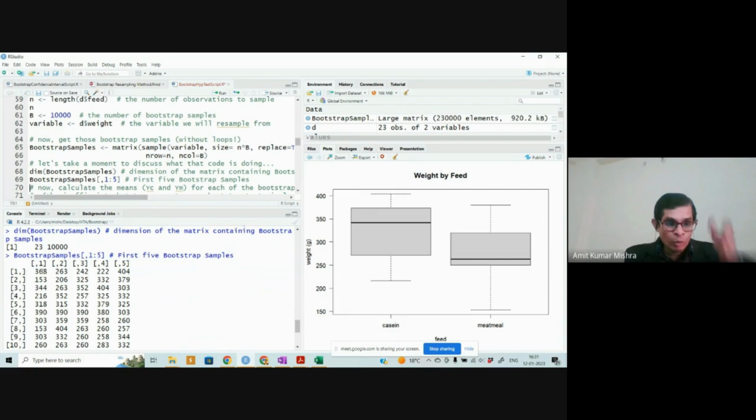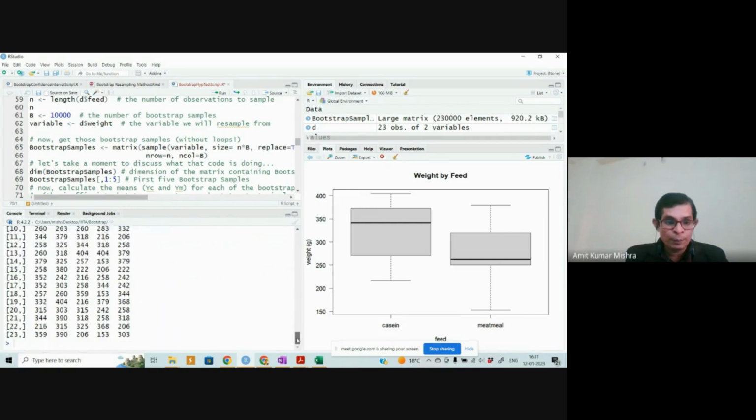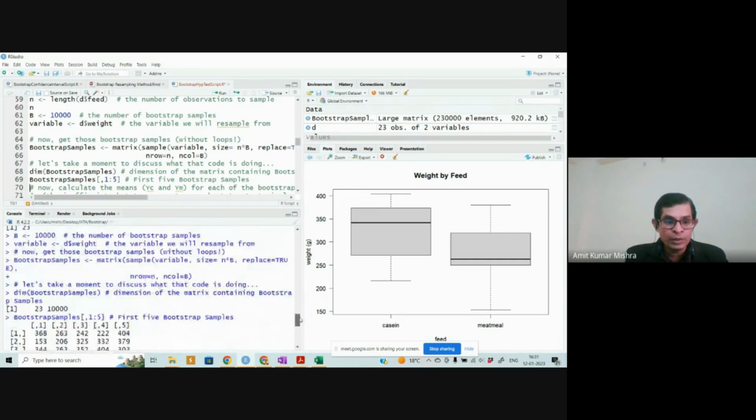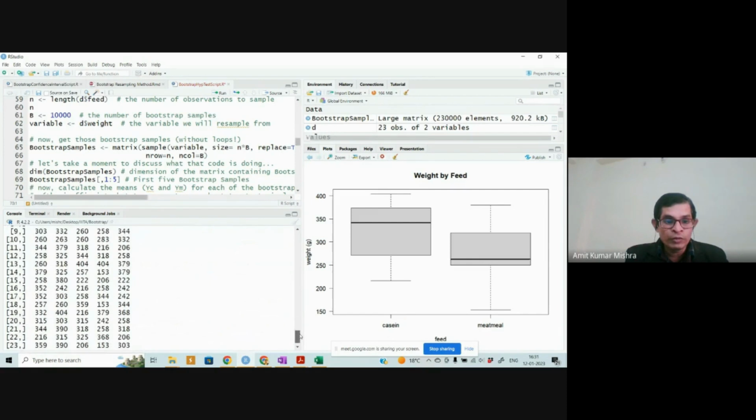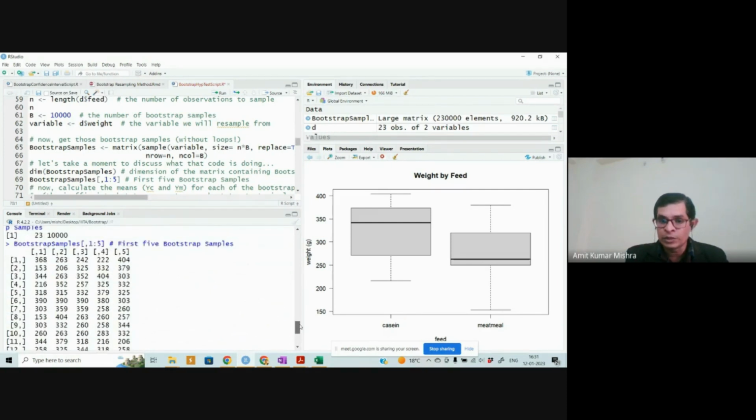If I go vertically, 368, 153 and so on. So this is the first sample, and you have the second sample, then the third, fourth, fifth. So I have shown you 5 samples. You actually have 10,000 samples, 10,000 columns.